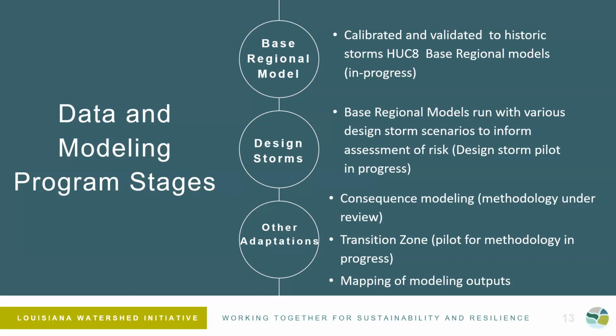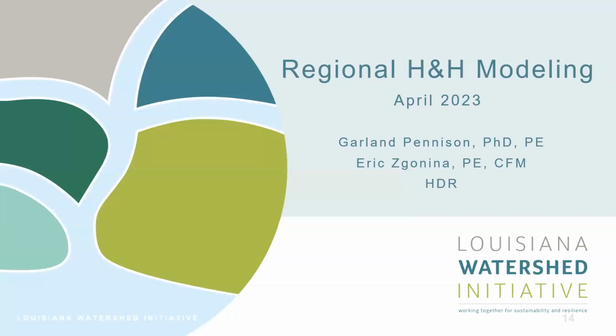The final decisions on exactly how those will be built are still under discussion, but we expect that to be tasked out by the end of the year, hopefully before the fall. Finally, Brett will talk about the transition zone, some of the pilots they did on that, and potential mapping of modeling outputs. So with that, I'd like to hand it over to Garland and Eric from HDR, and they'll get you some of the real details of the modeling.